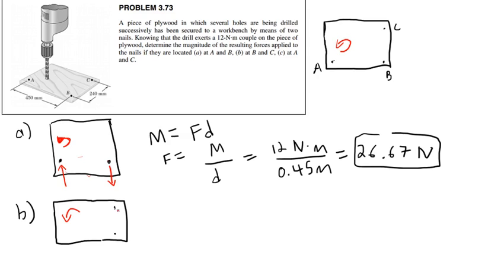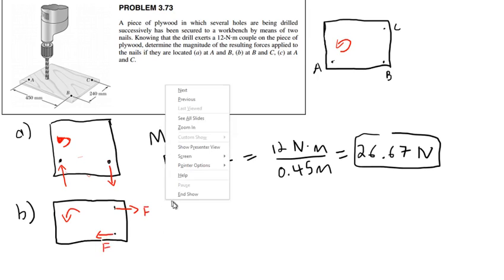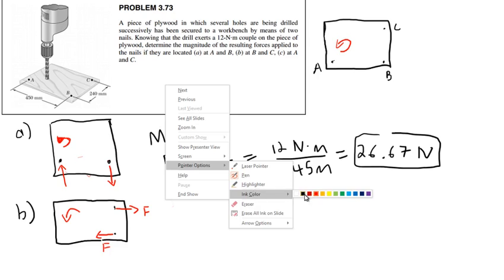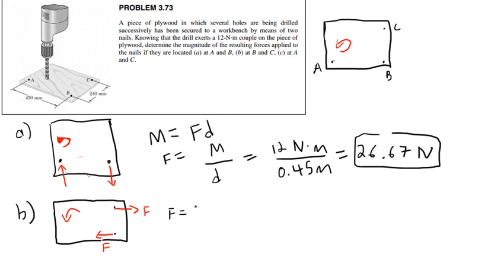However, this is again causing a counterclockwise rotation, so I've got to set these forces up such that they will have a clockwise rotation, like this, F, F. And here the force is again just equal to moment over the distance, so that's going to be 12 Newton meters over a distance of 0.24 meters, which will be 50 newtons.